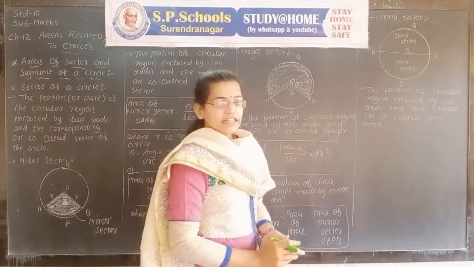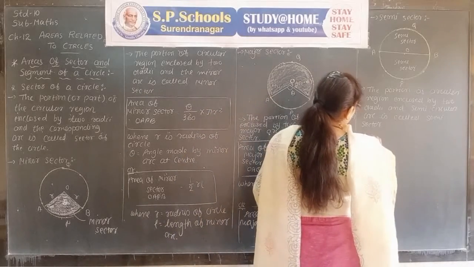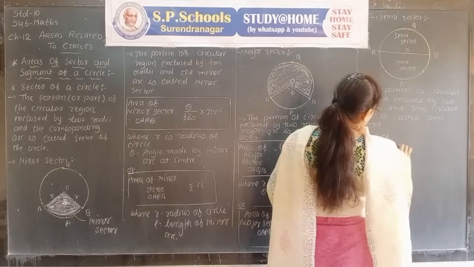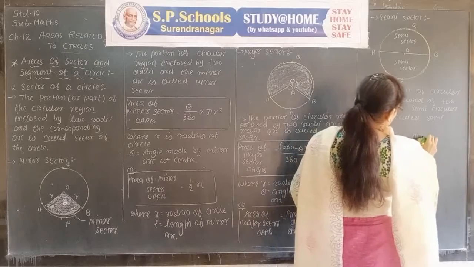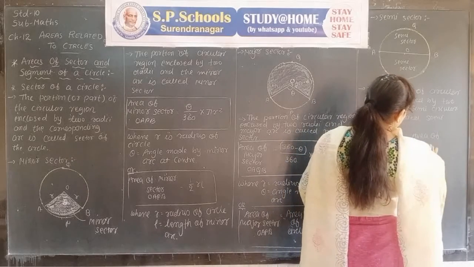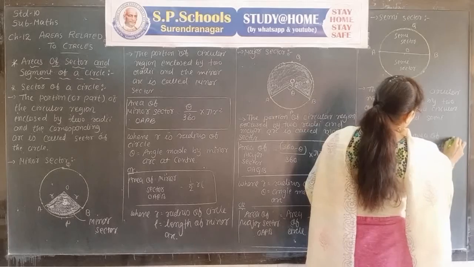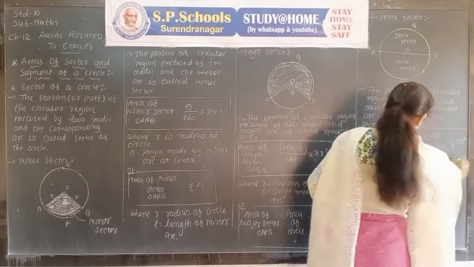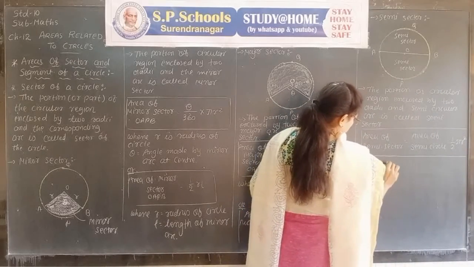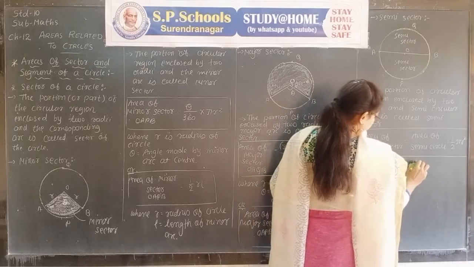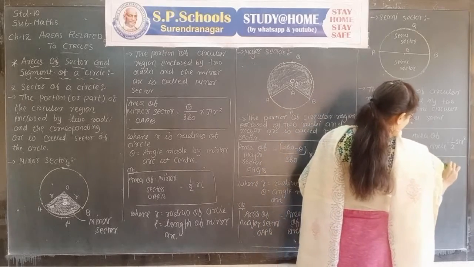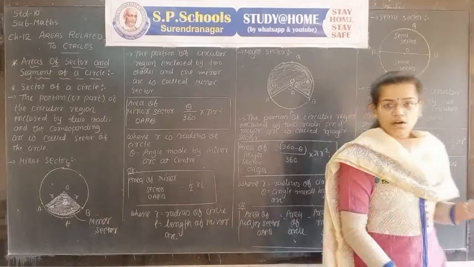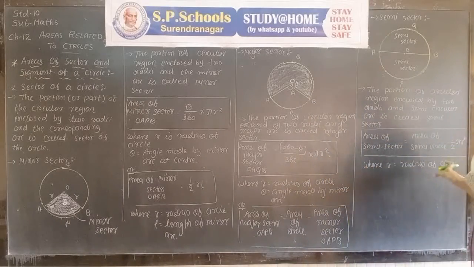The area of semi-sector is area of semicircle. Area of semi-sector is equals to area of semicircle, which is half into pi r square, where r is equals to radius of circle. Okay, here the basic concept of sector is completed.